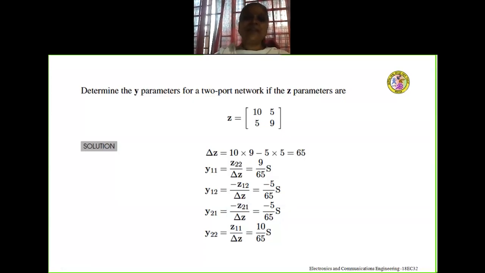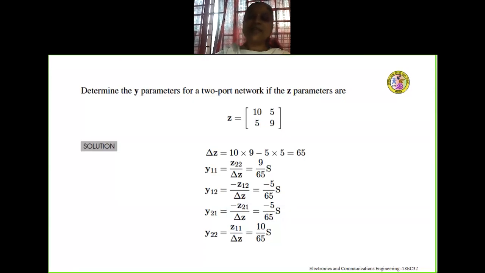Similarly, Y12 is minus Z12 divided by delta Z. So, minus Z12. Z12 is 5 here, 5 ohm. So, minus 5 divided by 65 is Y12.